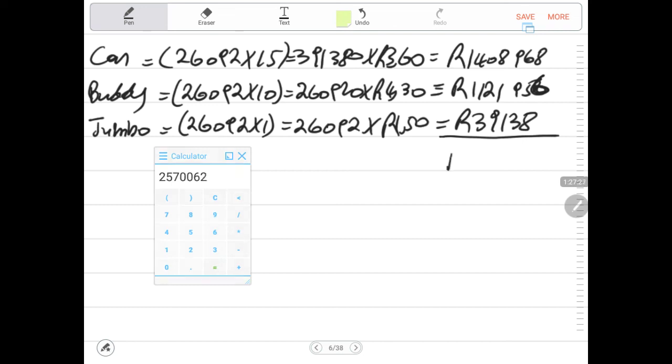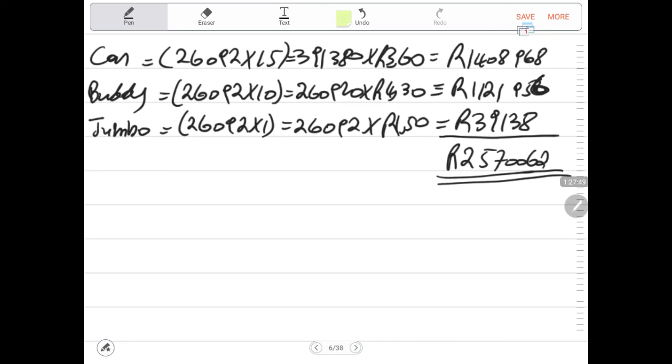Then this will give us 2,570,062. Let me just verify the mid one. 260,920 times 430. Yes, that was 56. So this will be the total contribution at the break-even point for the fizzy orange product type.